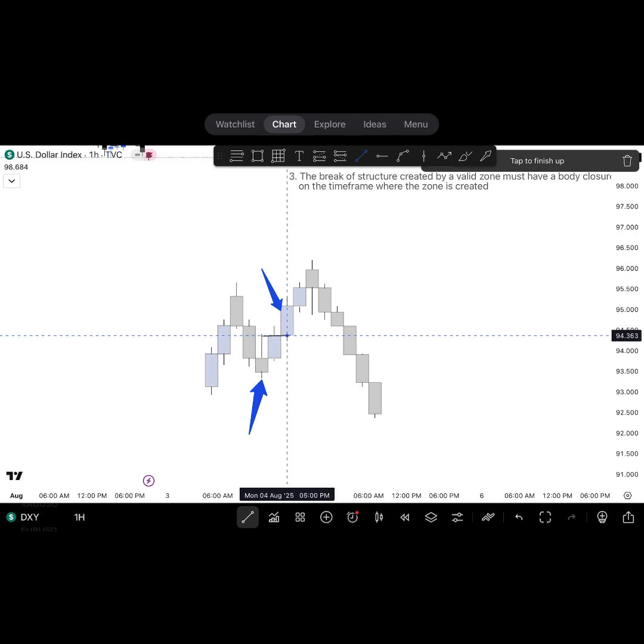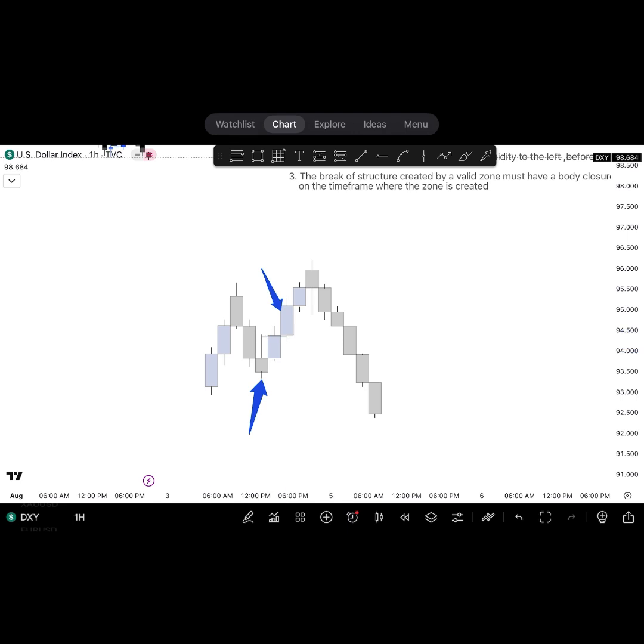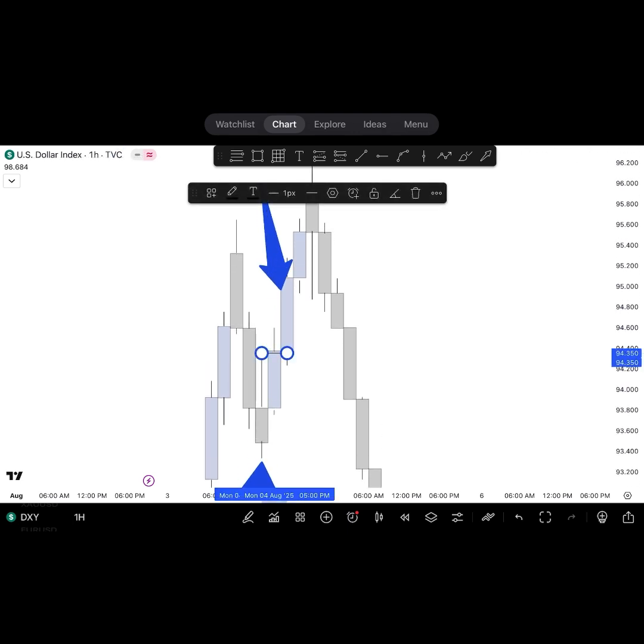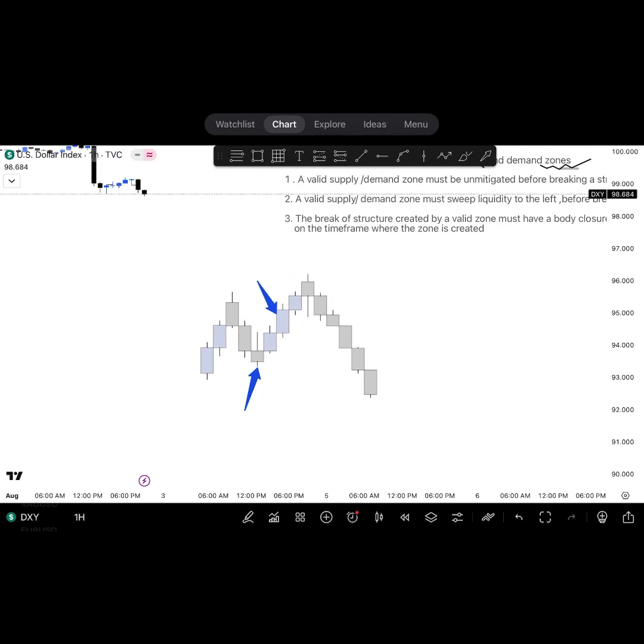Can you see it has been mitigated? So first off, that demand zone is invalid, right? It is not valid.